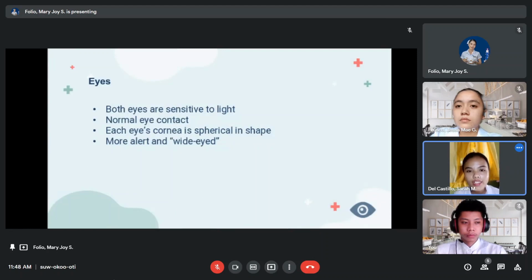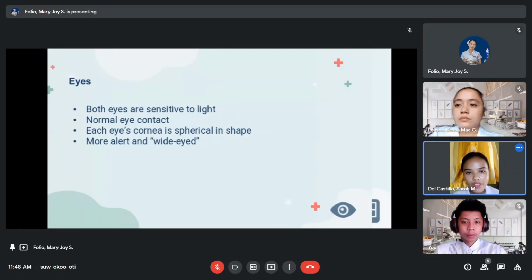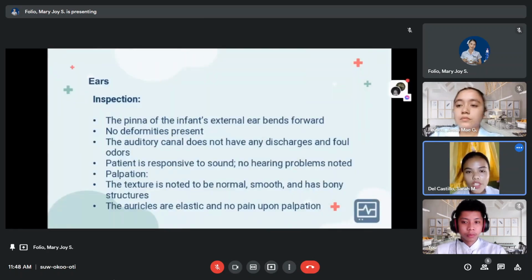And then next. For the eyes, both eyes are sensitive to light. Normal eye contact. Each eye's cornea is spherical in shape, and the infant is alert and wide-eyed. Next slide. For the ears, upon inspection, the pinna of the infant's external ear bends forward, no deformities present.